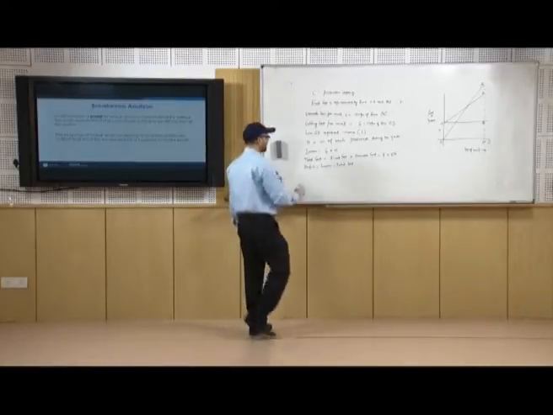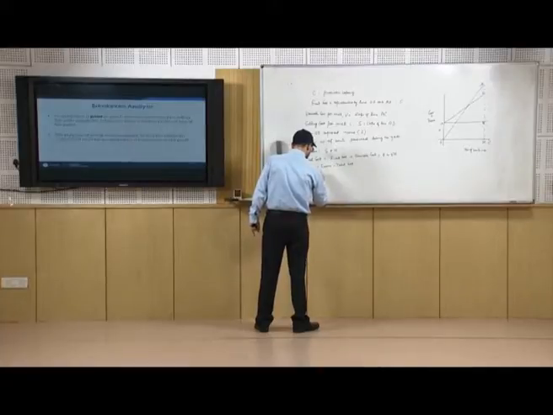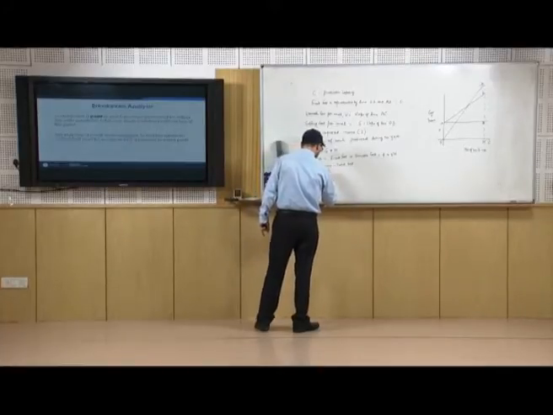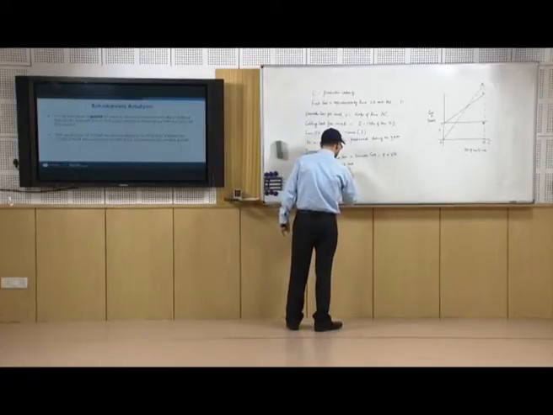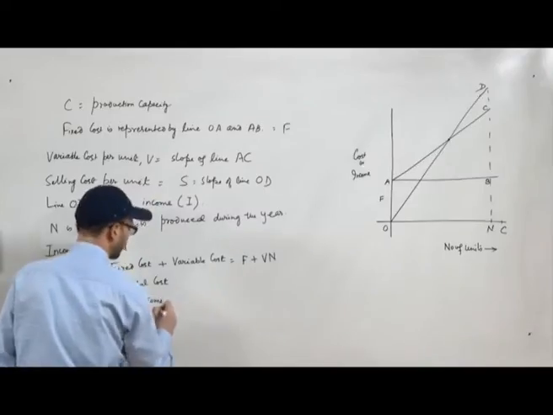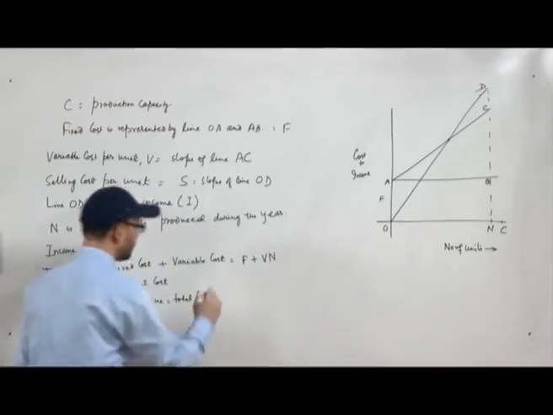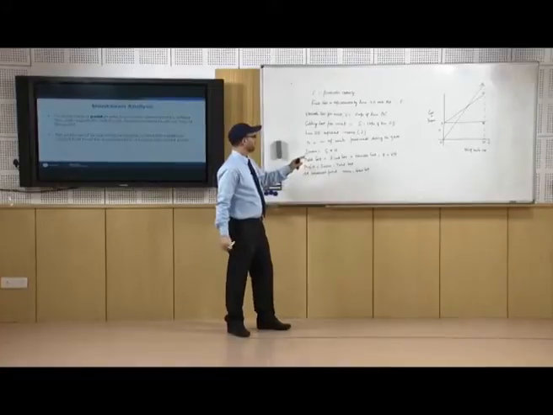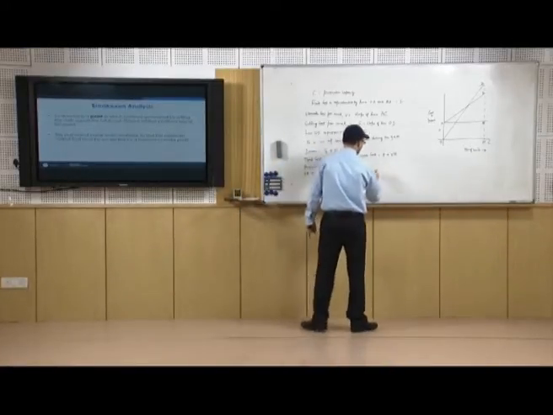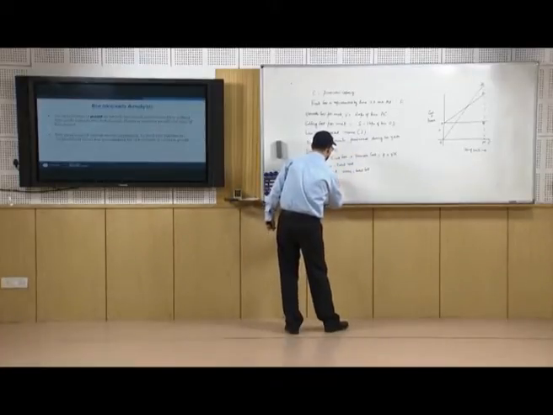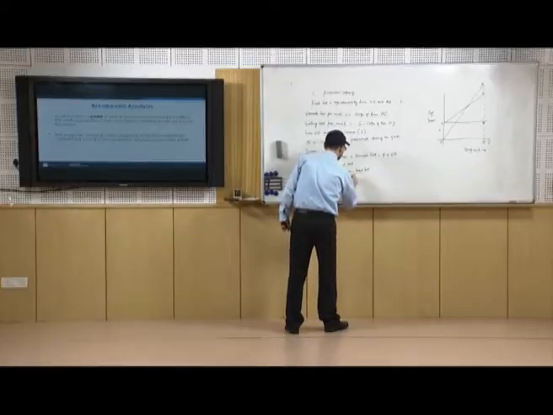Now, at the break even point, income is equal to total cost. So, we have to equate these two lines. So, what we get is F plus V n will be equal to S n.